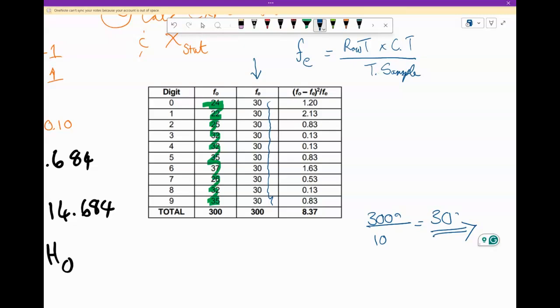We had to just give an equal amount to each possible outcome, in this case each possible digit. Now off of that, we can calculate our chi statistic for each outcome, and then we add them all. When you add them all, you get 8.37 this time. So then we go to step number 4.